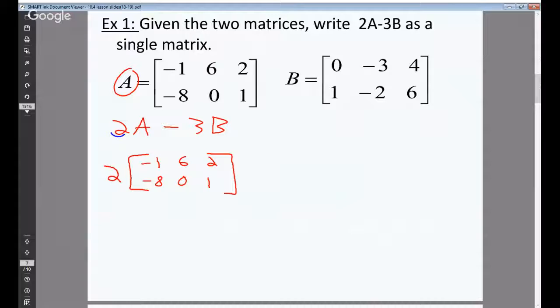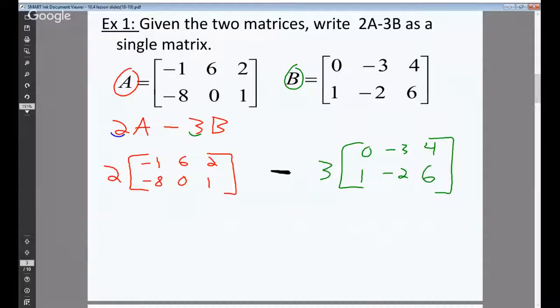And then, of course, we're going to subtract that from 3 times B, where in this case we take 3 and multiply it by matrix B, which has the elements 0, -3, 4, 1, -2, and 6.